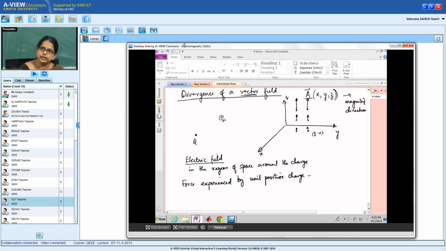So how do I calculate the magnitude of the force? It is given by Coulomb's law, right?